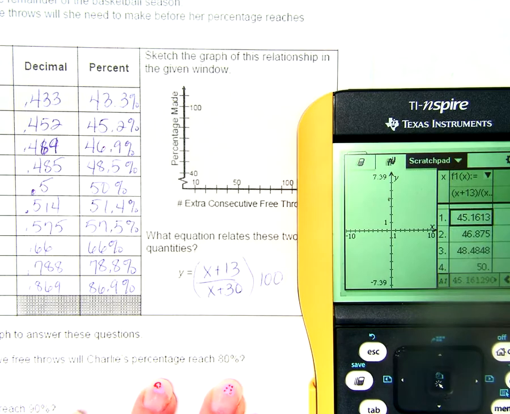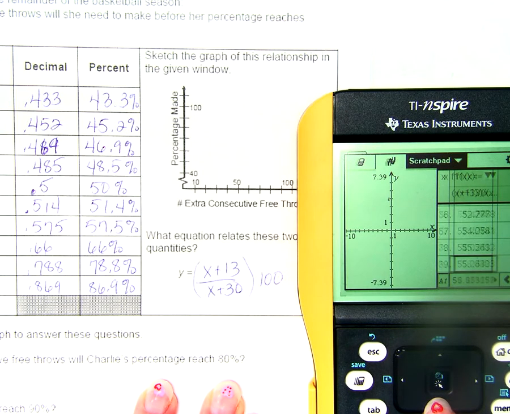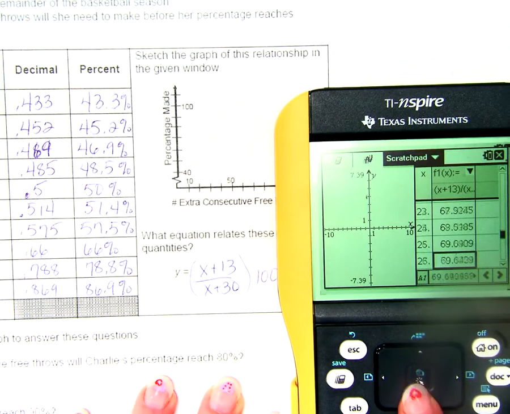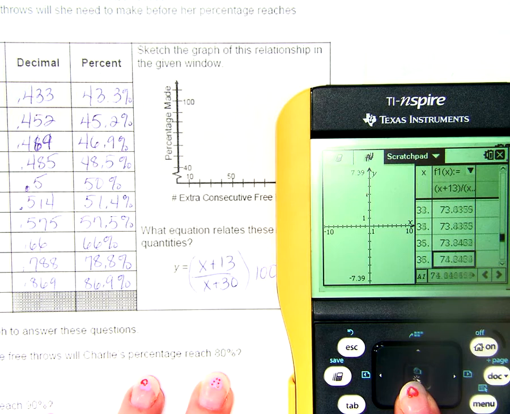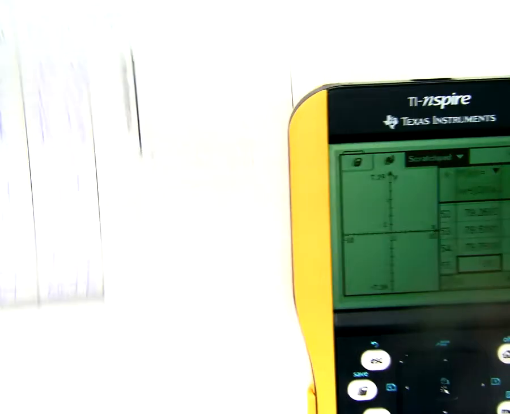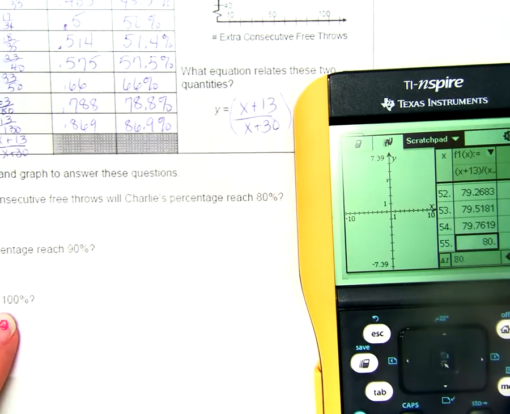So when will it reach 80%? Well, let me do some scrolling here. I'm scrolling, looking at my y-axis for that to be 80%. Right? Almost there. Almost there. Almost. Oh, look at that. So after how many consecutive free throws will it reach 80%?